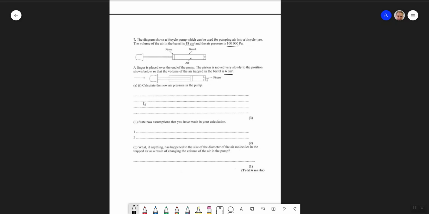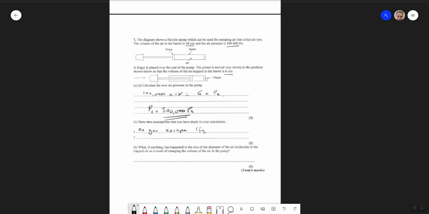So we've got 100,000 times 18 is equal to 6 times P2. So 100,000 times 18 over 6. So 18 over 6 is 3. So we've got P2, 300,000 pascals.